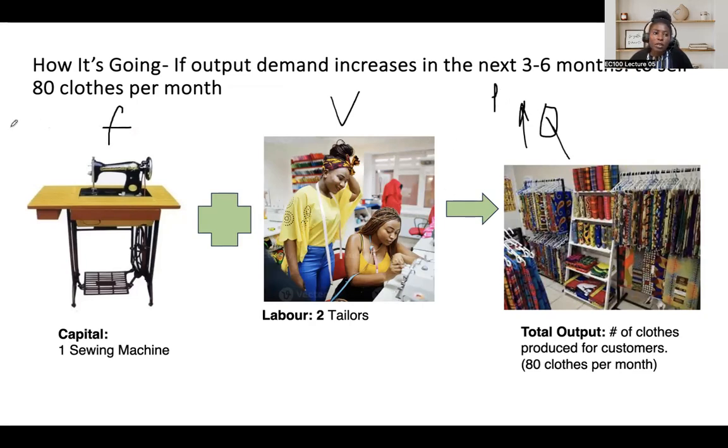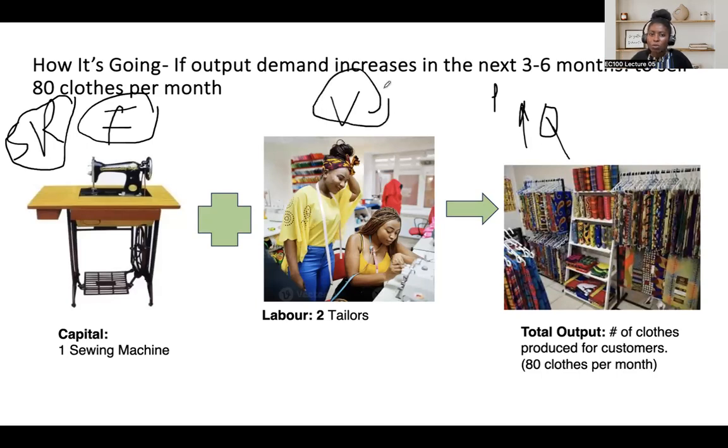So this is for a short run. Remember, for a short period of time, you will always have a fixed input, even if just one, because you can't suddenly change everything to meet that need of output, okay? And then other variables, you are able to change them.